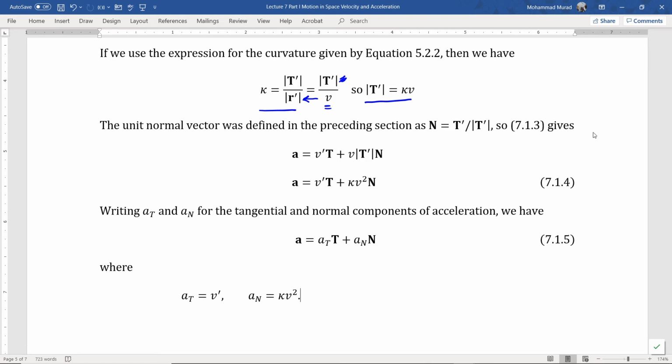The unit normal vector was defined in the preceding section as shown. So equation 7.1.3 gives the acceleration equals the derivative of the speed times the tangent vector plus the speed times the magnitude of the first derivative of the unit tangent vector times the unit normal.